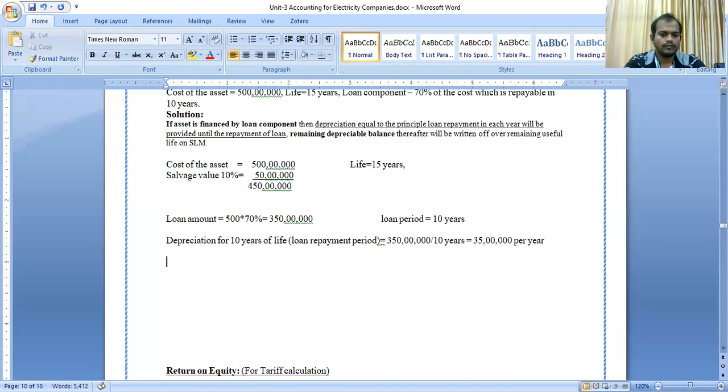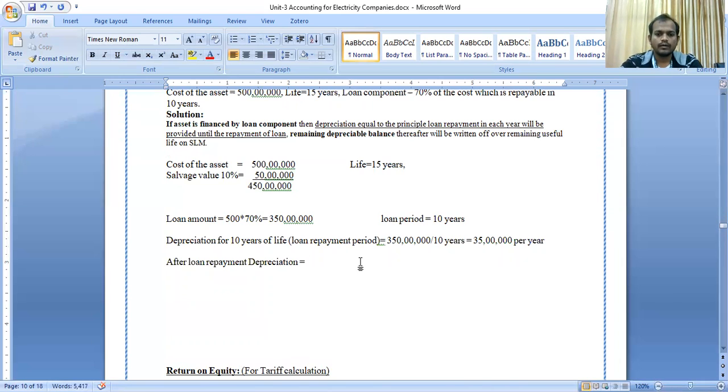After loan repayment, in the sense, for the rest of the life of the asset, depreciation.